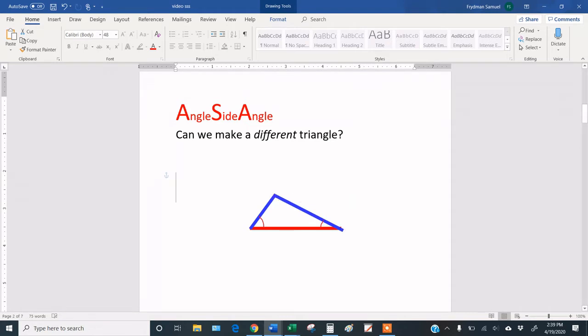We're just not allowed to change anything that was drawn in red. So given that, can we figure out how to make a triangle that is different from this triangle? Well, let's see here. You can pause the video and think about it for a little bit if you like.